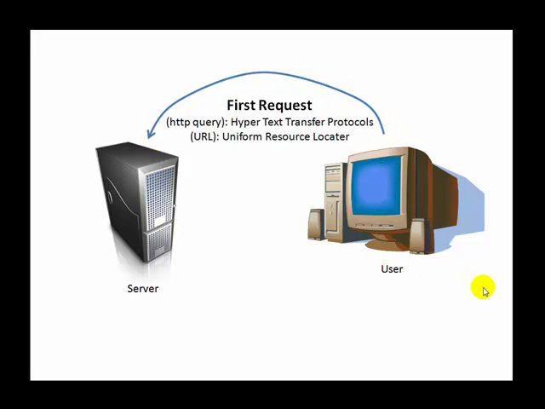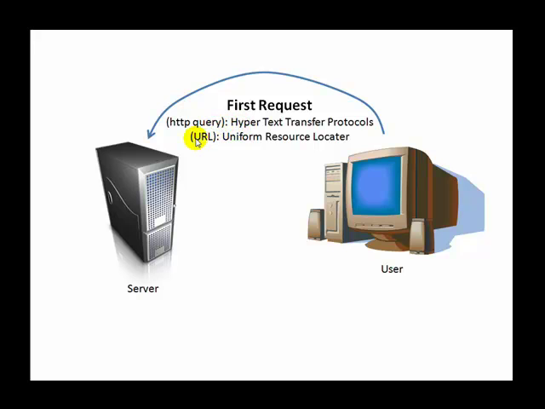Pretty basic, right? Okay. The way this works is the user first sends a request. This is called an HTTP query. HTTP stands for Hypertext Transfer Protocol. This is important to know because all the information that works on the internet is basically converted into text.